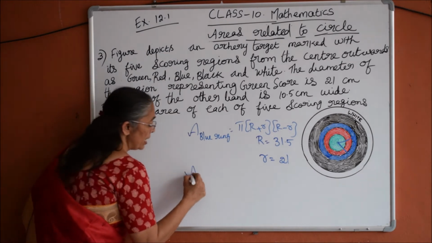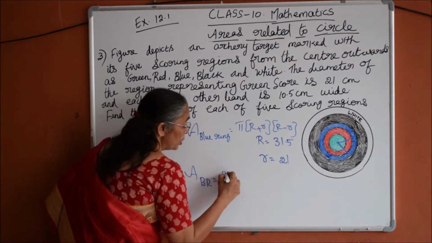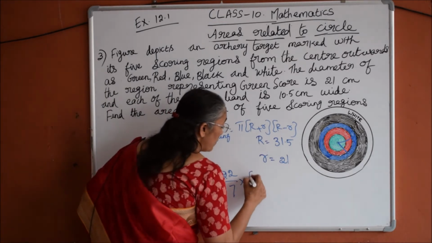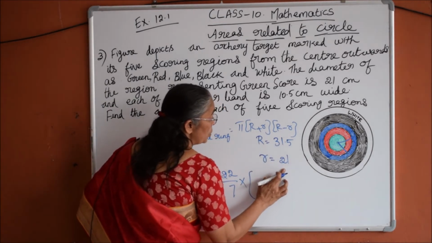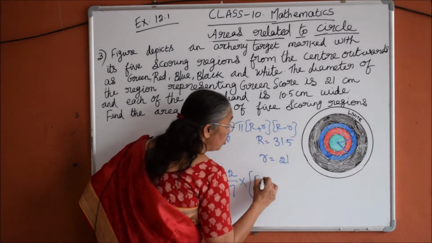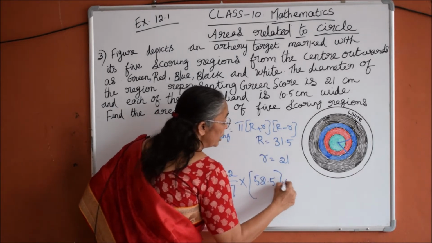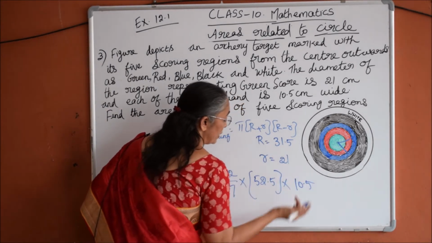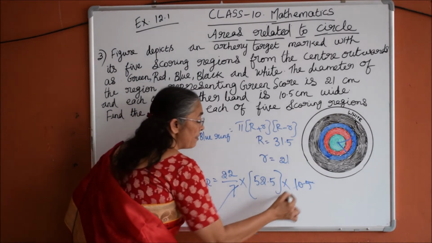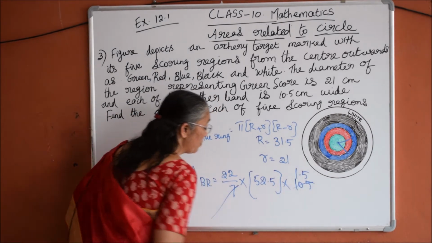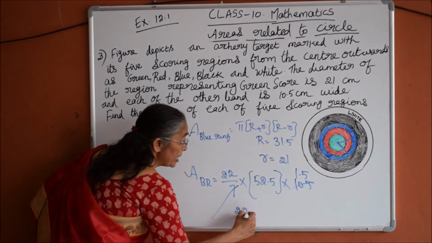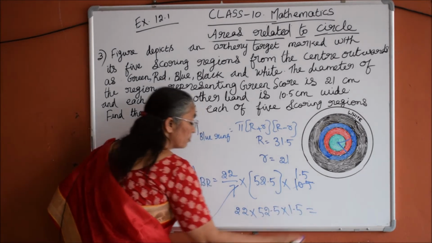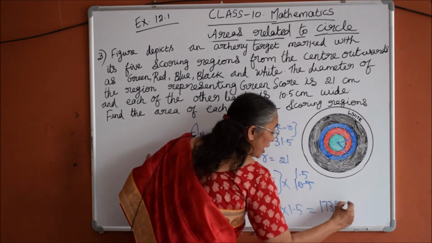Now the area of the blue ring is 22 by 7 into 31.5 plus 21, which is 52.5, into R minus r, always the width 10.5. As usual we cancel 7 and 10.5 as 1.5. So multiply 22 into 52.5 into 1.5, which is 1732.5 centimeter square.